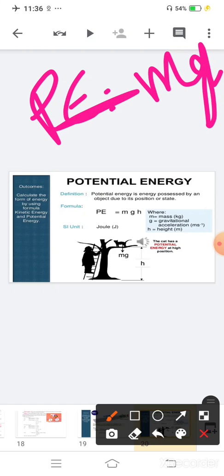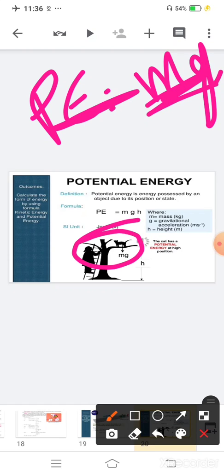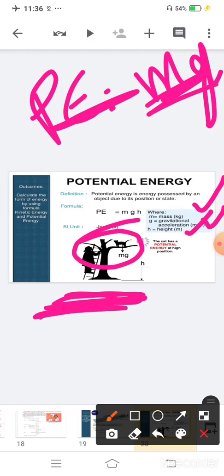Clear? Your PE is equal to mgh, and the SI unit is joule, where m is mass, g is gravitational acceleration, and h is height. In this picture, the cat has potential energy at a high position. Is this clear?